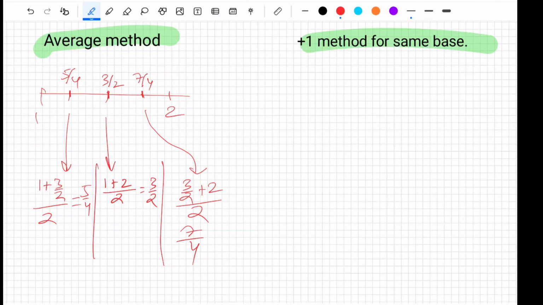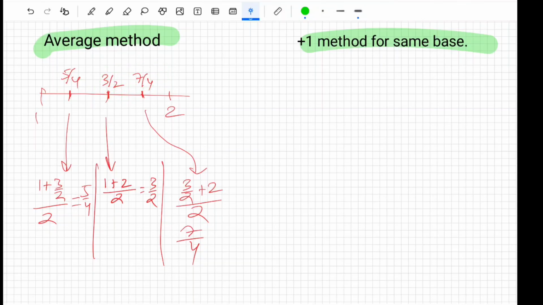So we saw that by averaging any two numbers we get the middle number, and all these numbers are between 1 and 2. We can continue a similar process to get a number between 5 by 4 and 3 by 2 by averaging these numbers, and similarly here, and so on.